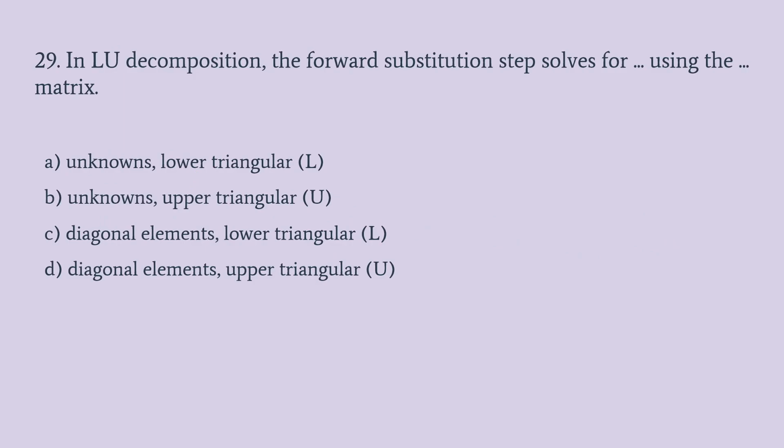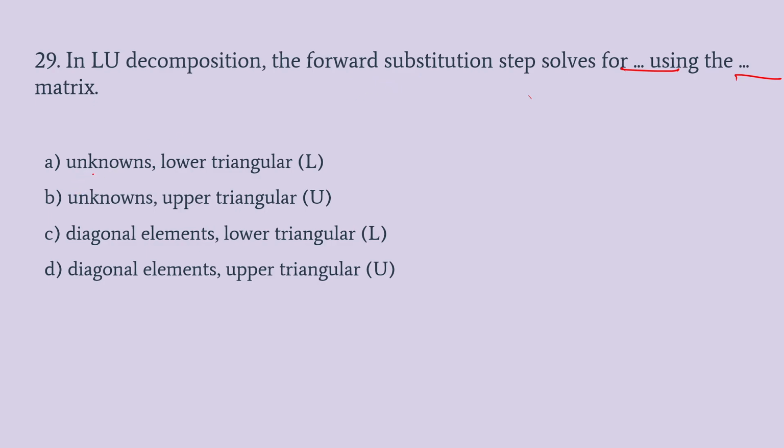Next question. In LU decomposition, the forward substitution step involves for dash using the dash matrix. So we have two dashes. This is a fill in the blanks kind of problem. Here, the question is, in LU decomposition method, when does the forward substitution take place, and for what will we be using forward substitution.